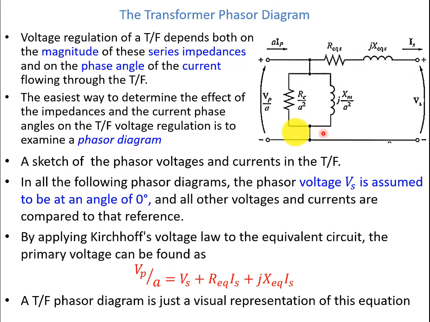This will be a loop and we will have this KVL equation. A transformer phasor diagram is just a visual representation of this equation.